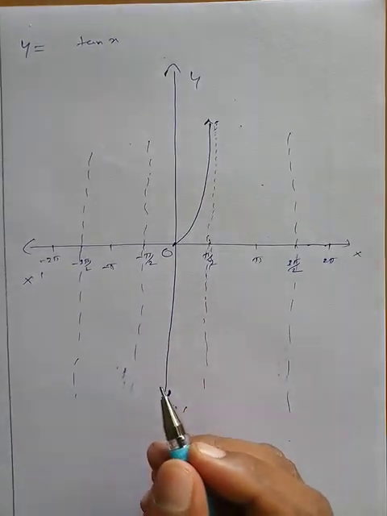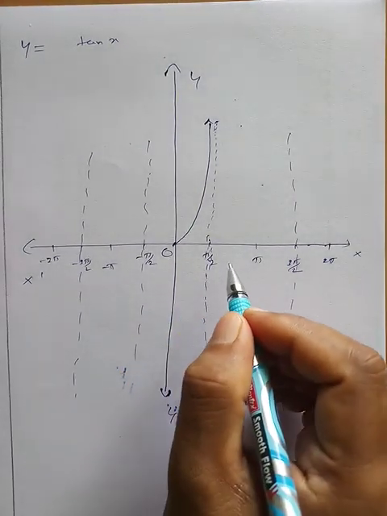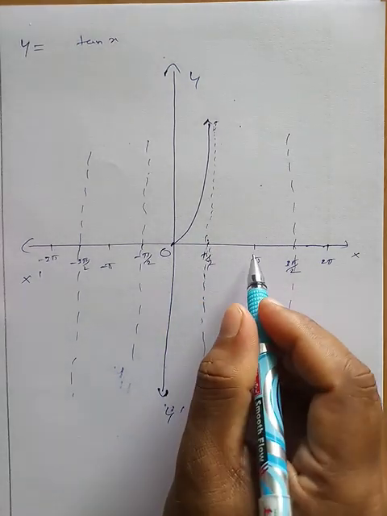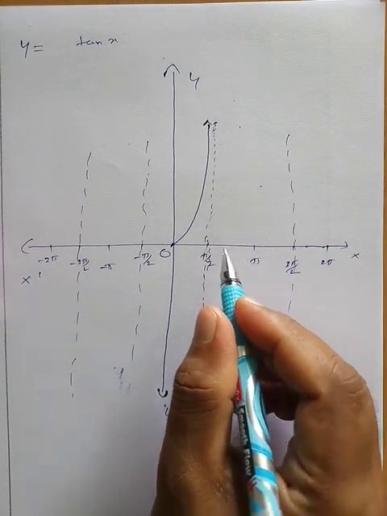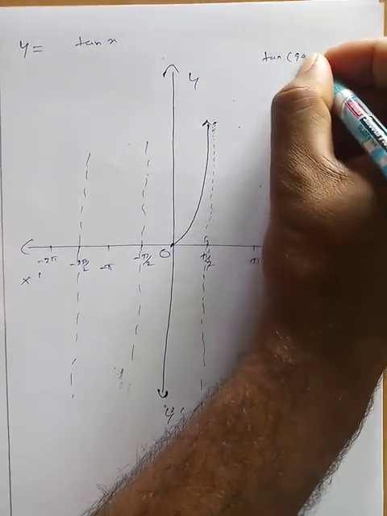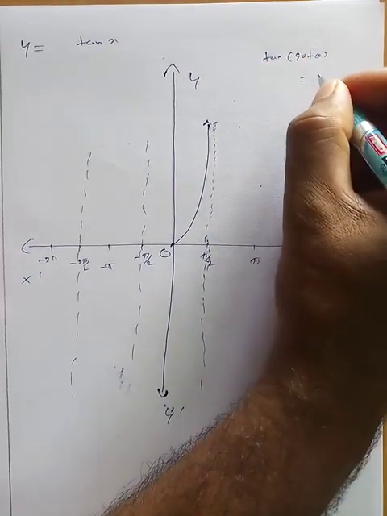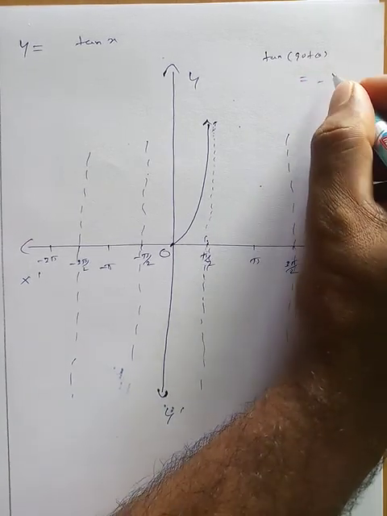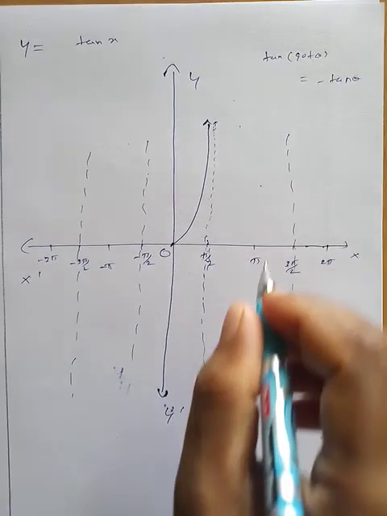Next, second quadrant, pi by 2 to pi. Here tan of 90 plus theta, which quadrant? Second quadrant. All silver tea cups: here tan is negative, the value must be negative.